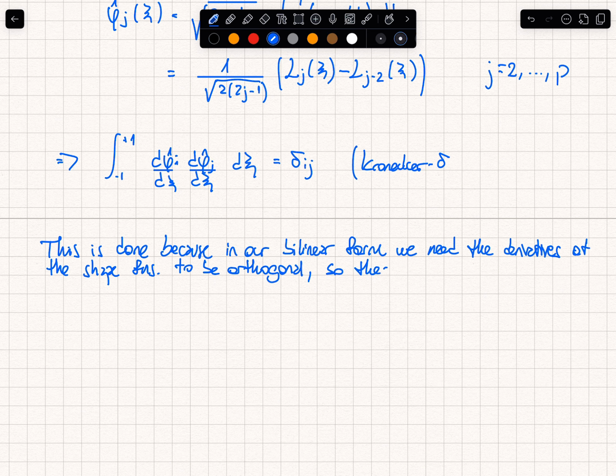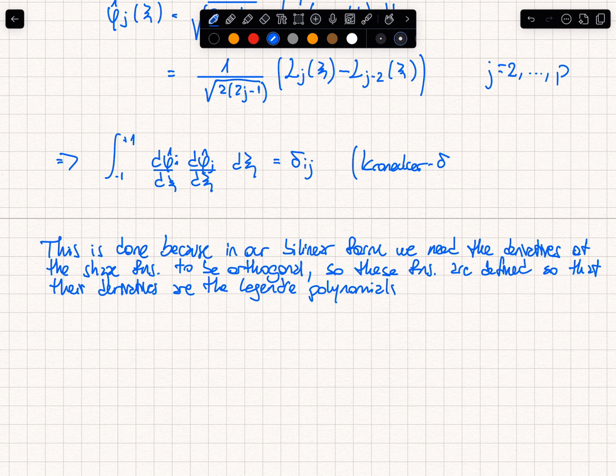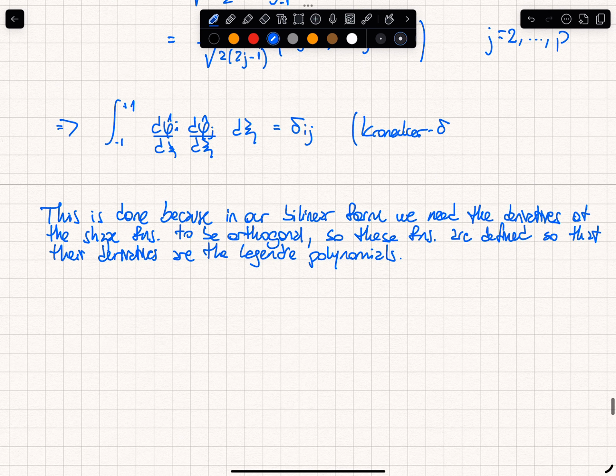So these functions are defined so that their derivatives are the Legendre polynomials. Okay.